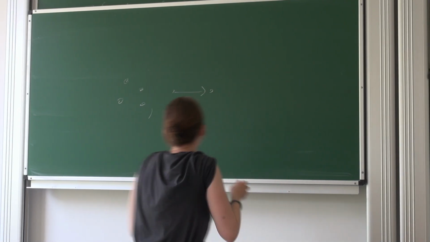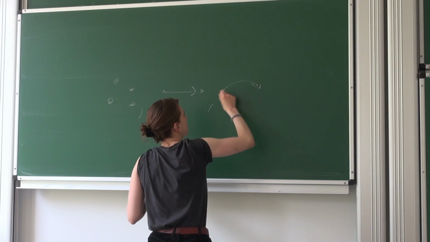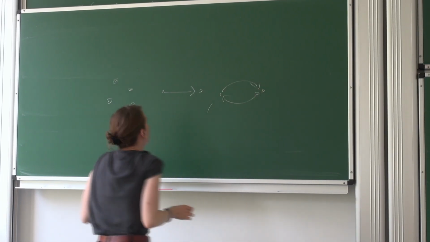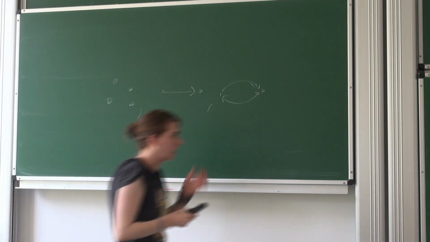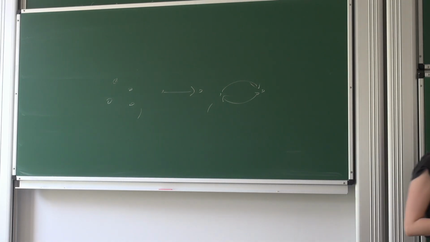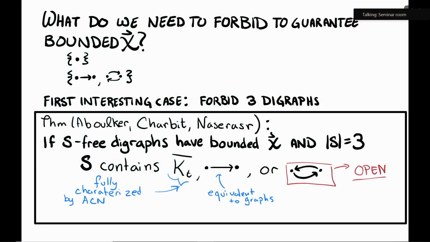Or you're forbidding a digon. And for the case where you're forbidding a stable set as an induced subgraph, that has been fully done by those authors. So really what remains, if we want to be different from graphs, is this case where we're forbidding the digon. So for the rest of the talk, we're always going to be forbidding digons.